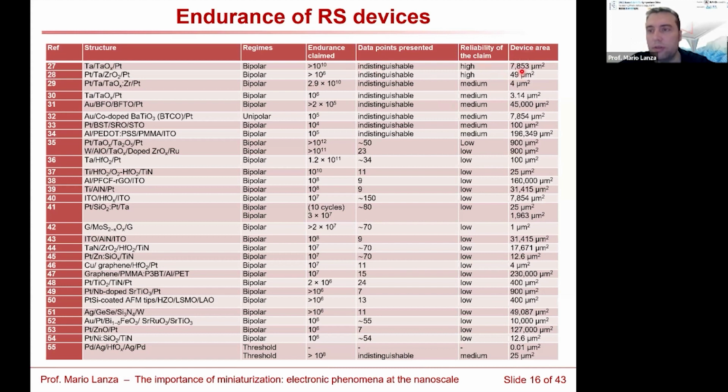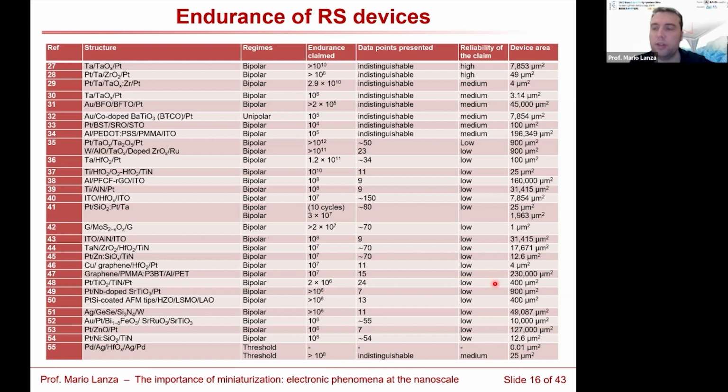These works measure the endurance in big resistive switching devices. They are all big, very big. While in the resistive switching memories that you buy, which are integrated in commercial products, the device size is very small because you want a very high integration density, especially for memory and for artificial neural networks.